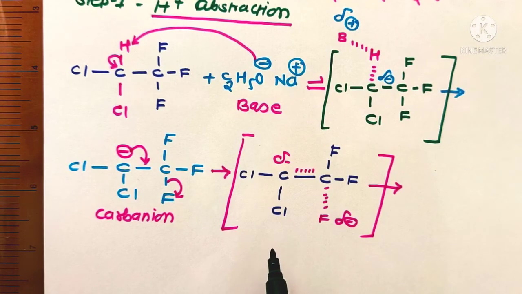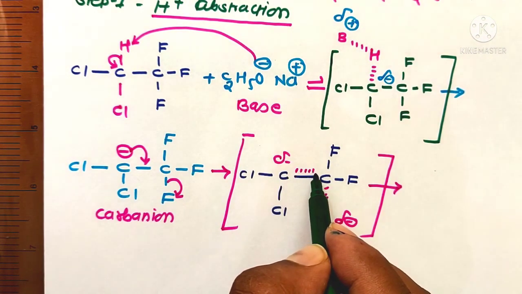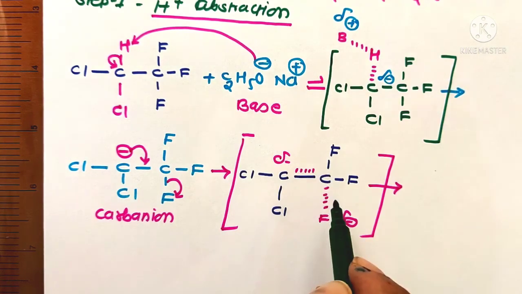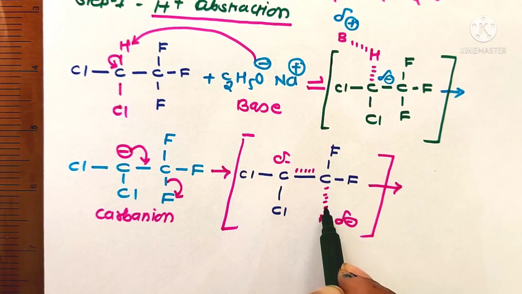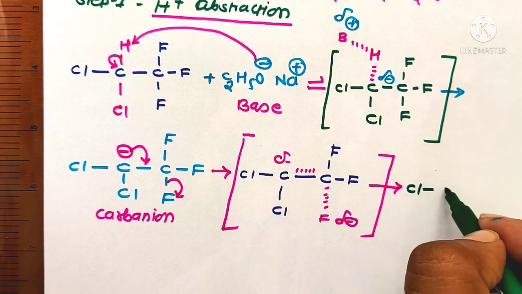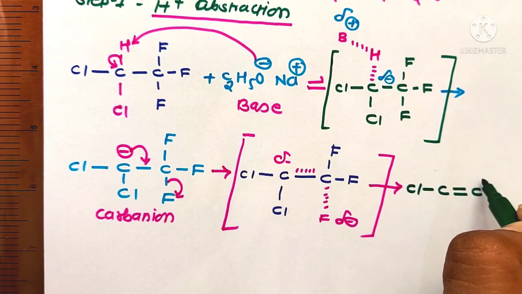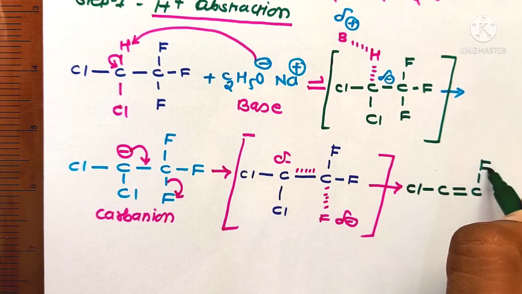In the transition state, this bonding electron shifts to form a single to double bond, and this fluorine eliminates with its bonding pair of electrons to form a single to double bond, that is formation of the product Cl C double bond C, with the already present group, that is fluorine.